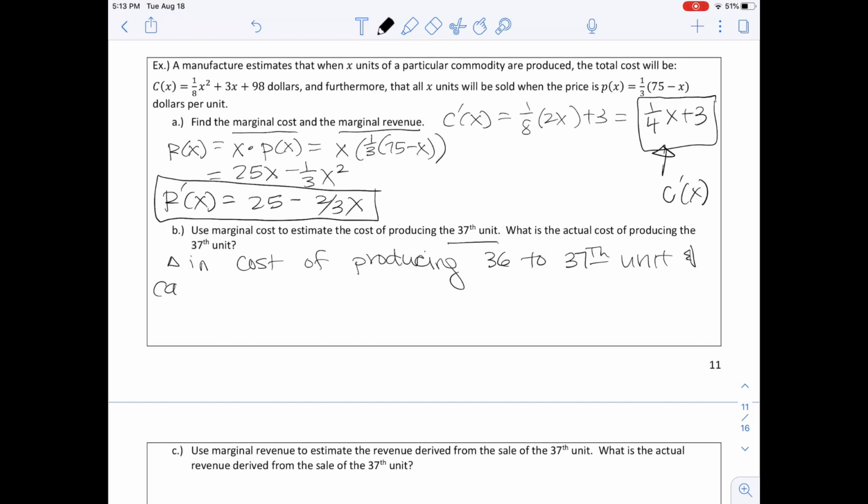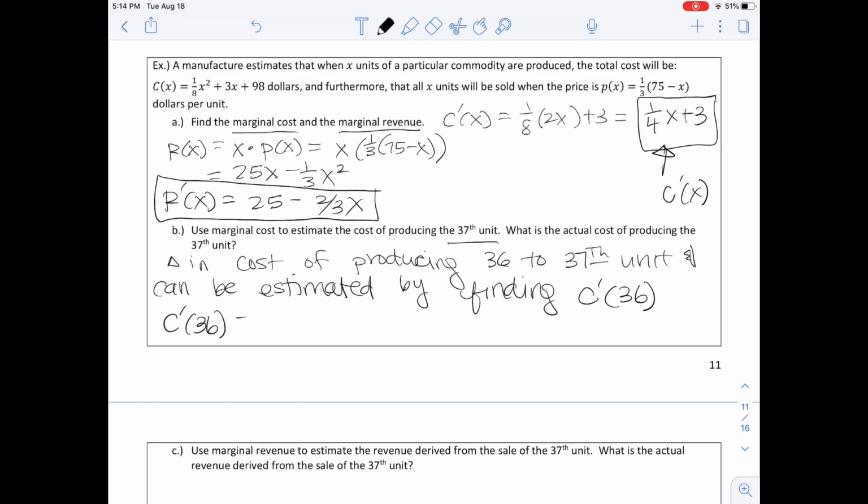And it can be estimated by finding the marginal cost of the 36th unit. And so we have C prime of 36 is going to be 1/4 times x, which is 36, plus 3, which works out to be 12. So our marginal cost of producing that 37th unit is going to be $12.